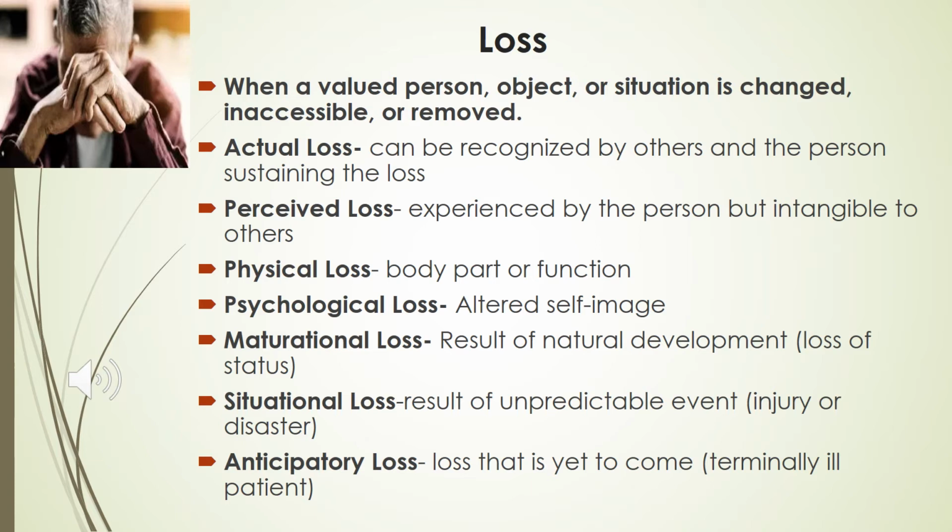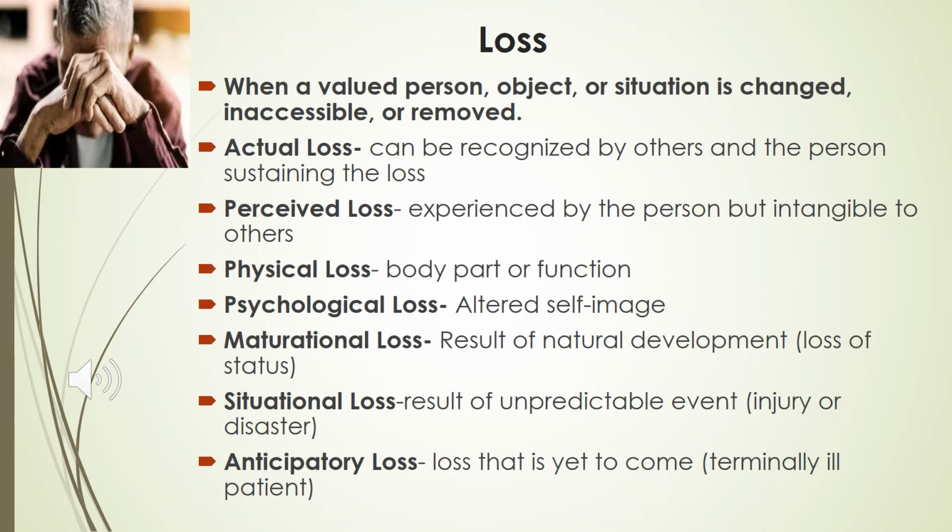Maturational loss, your book says, results from natural development. The book gives an example of the firstborn, if there's a new sibling born, then they've lost their status. I have 3 children, so with the second child, he was the baby for so long until we had the third child, so he kind of lost that status.